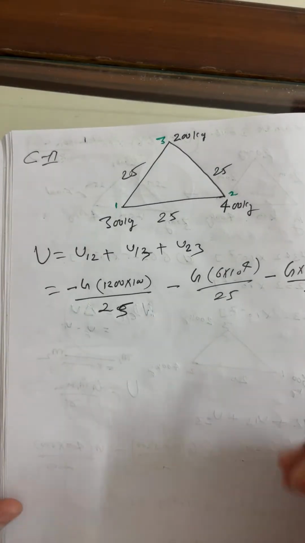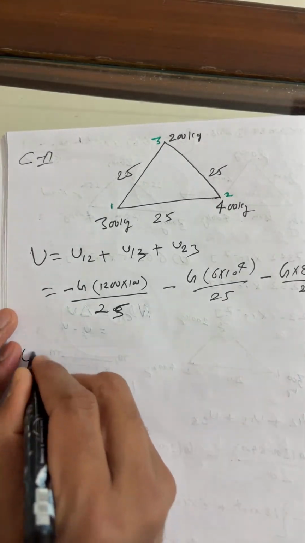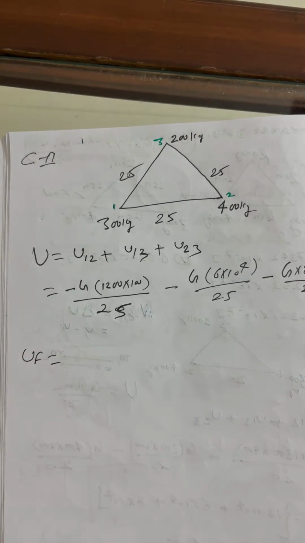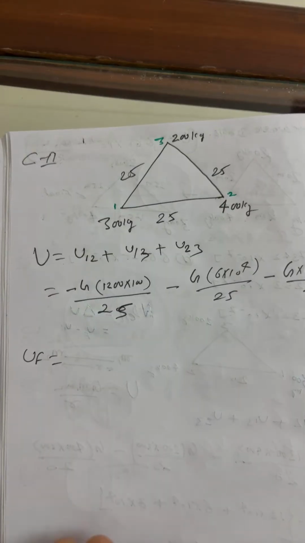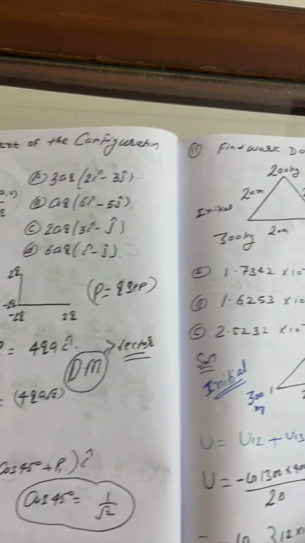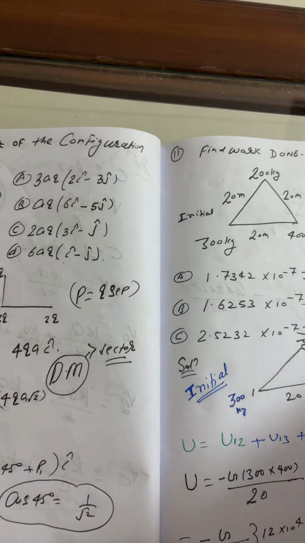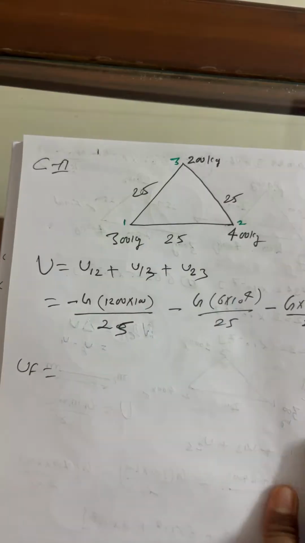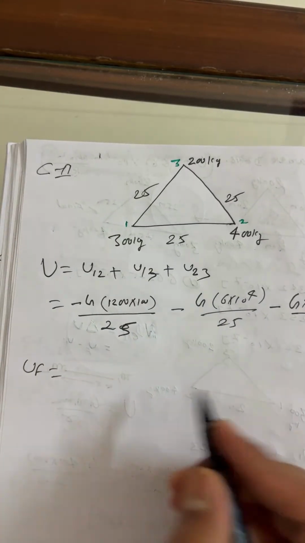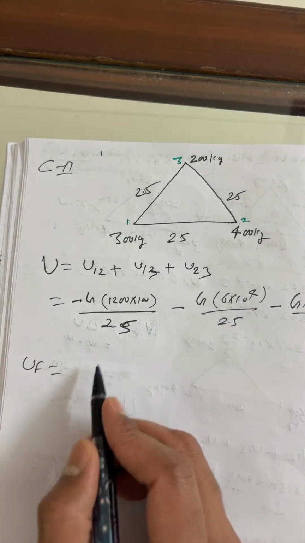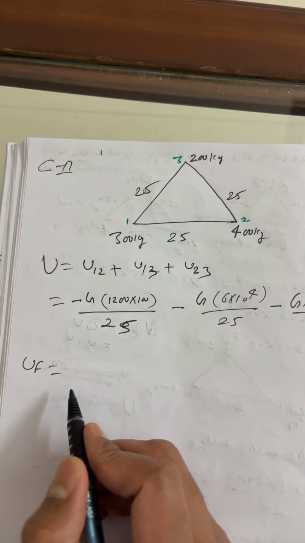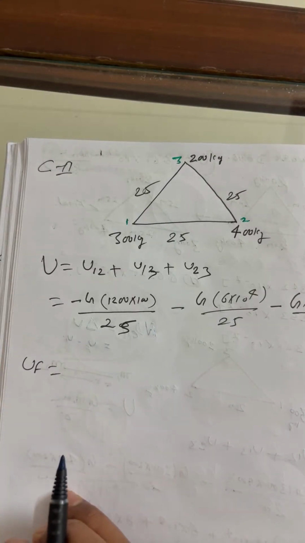So beta, this is U final. How much will you get here? The masses remain the same, yes, so U final is the same as U initial. So here you can find U final. U final, how much will you write? Okay, yes beta ji, correct here.